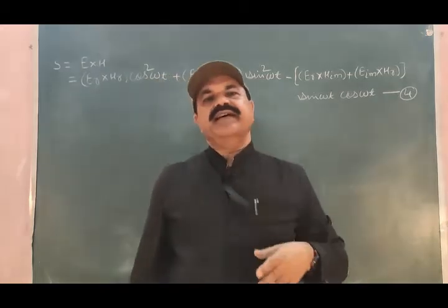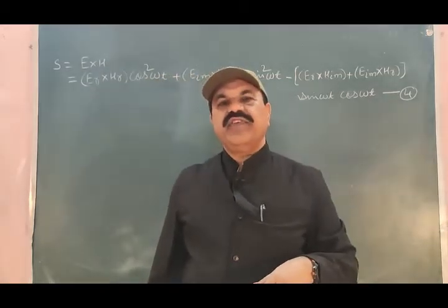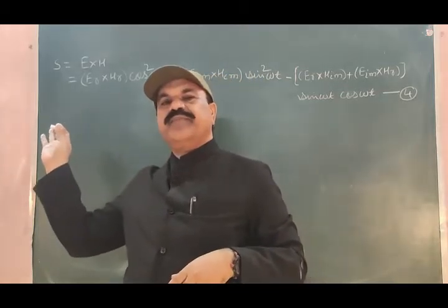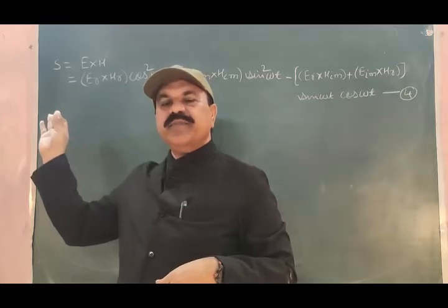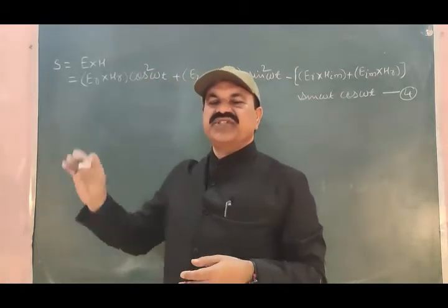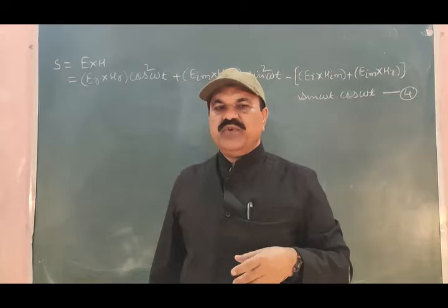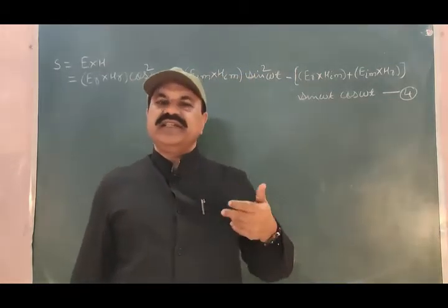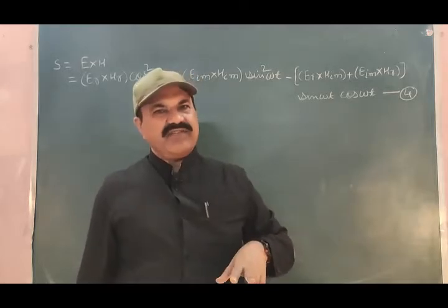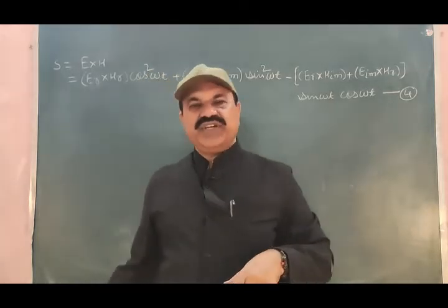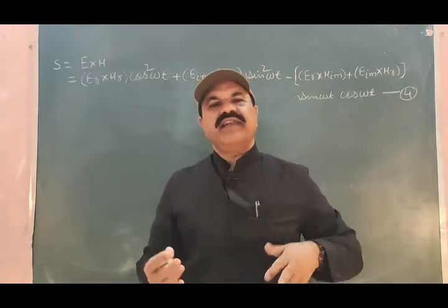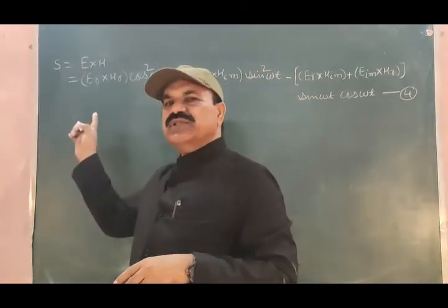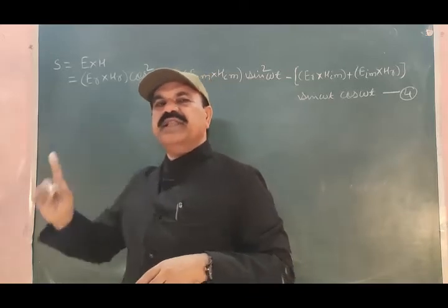We use this idea for finding the expression for the Poynting vector, E cross H. We want to apply this to the time varying fields. Electromagnetic energy is considered in time varying fields. So we consider a time varying field, and in this time varying field we want to describe the Poynting vector.